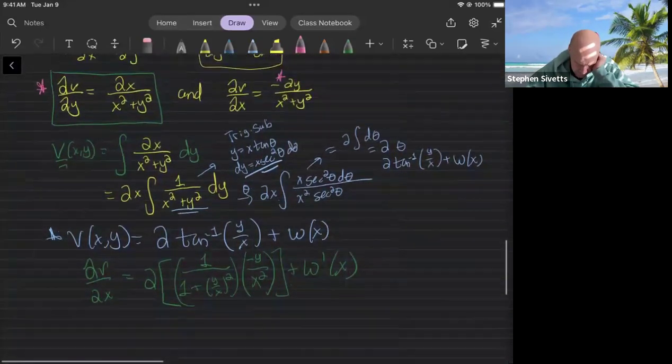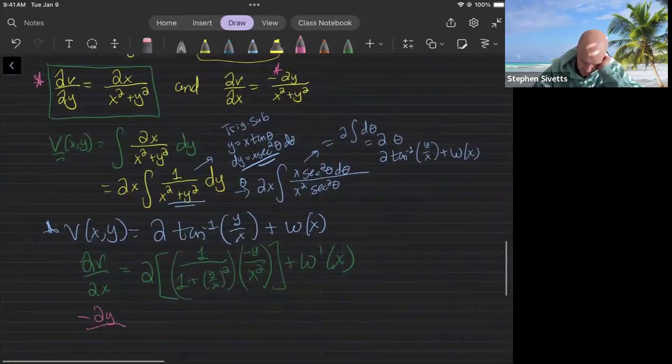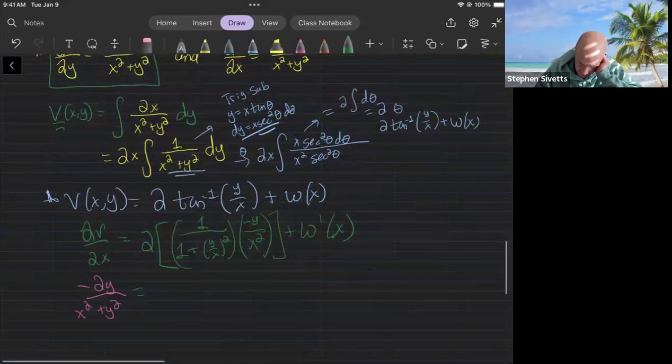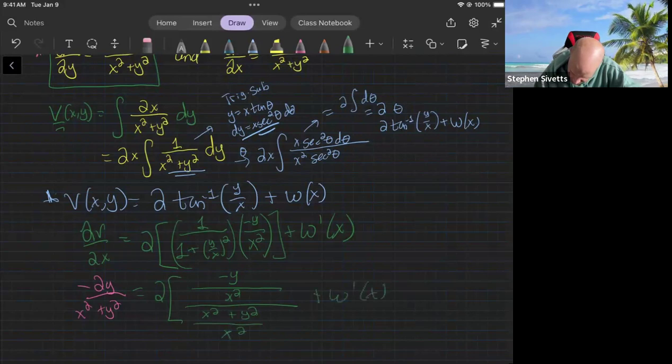And the partial of v with respect to x is equal to minus 2y over x squared plus y squared. And this equals, if I do this right, hopefully, 2 times minus y over x squared over x squared plus y squared over x squared plus w prime of x.